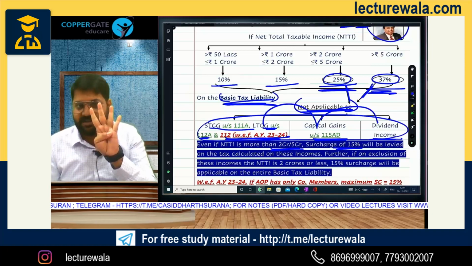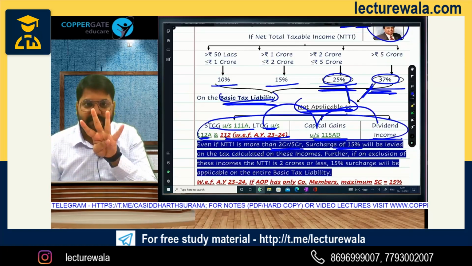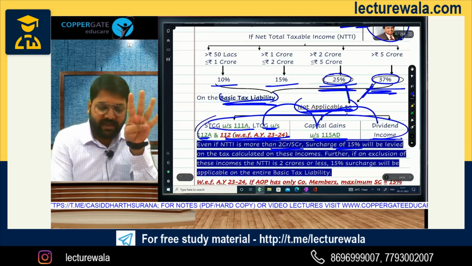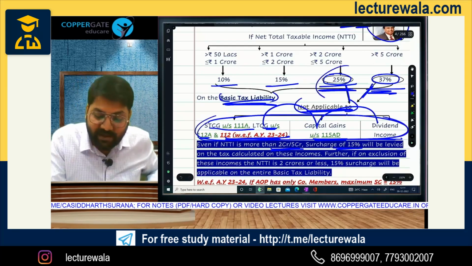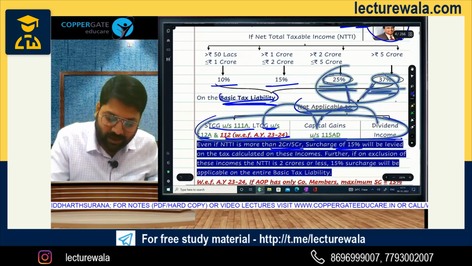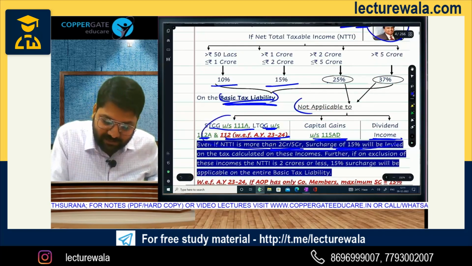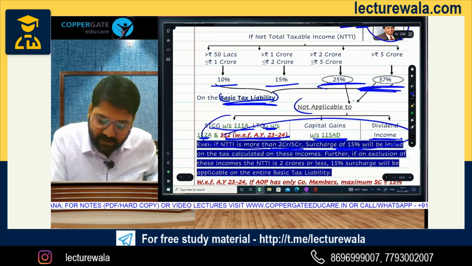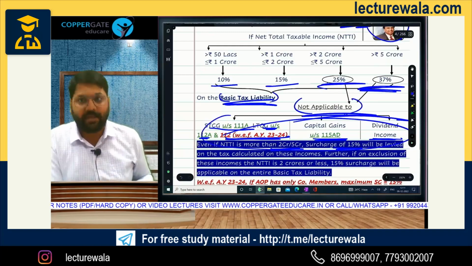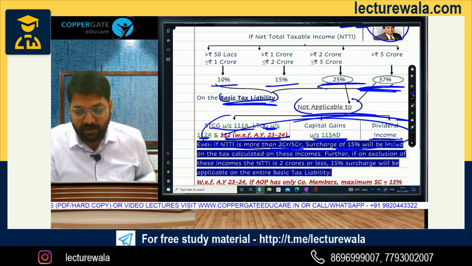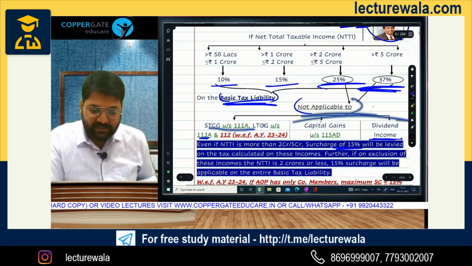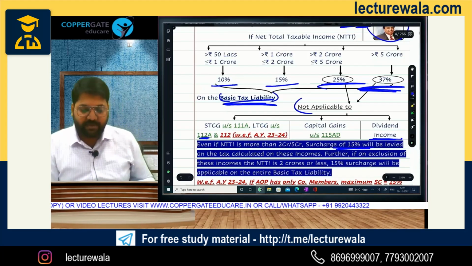What are the rates of surcharge? There are 4 surcharge rates: 10, 15, 25, 37. But on these incomes, 25 and 37 are not applicable. Which means, can I say that on these incomes the highest surcharge will be 15%?